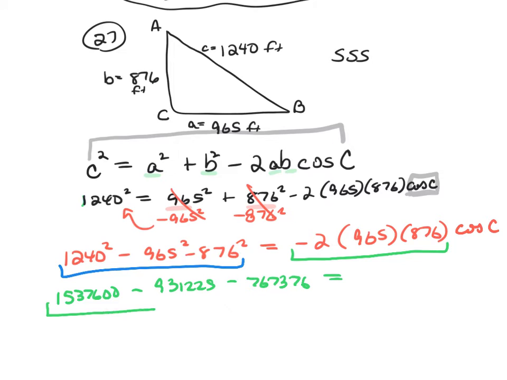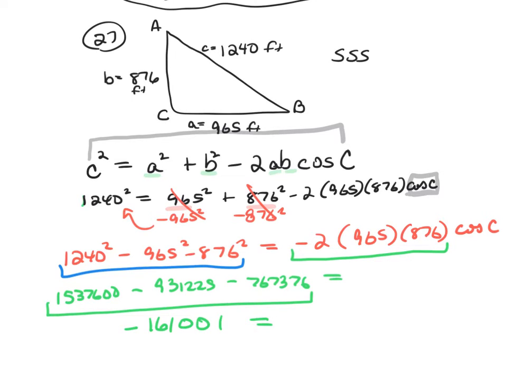Now I need to do this part of the problem. You could have done this continuous in your calculator. The problem with this is you just have to be very careful what you put in your calculator.